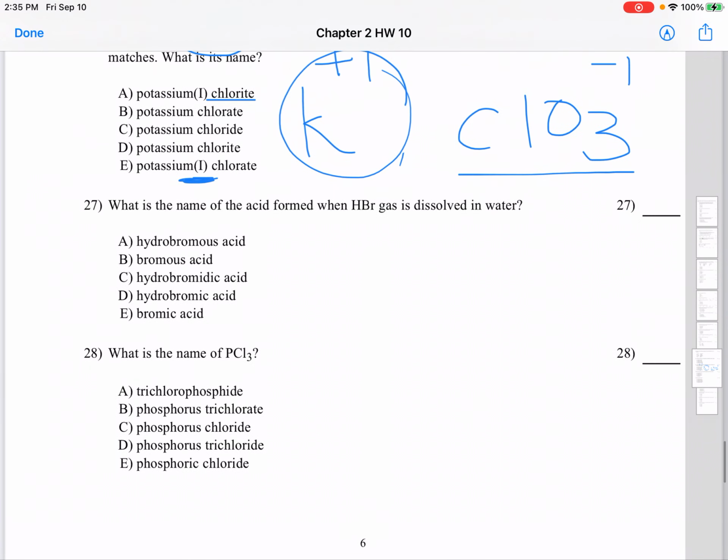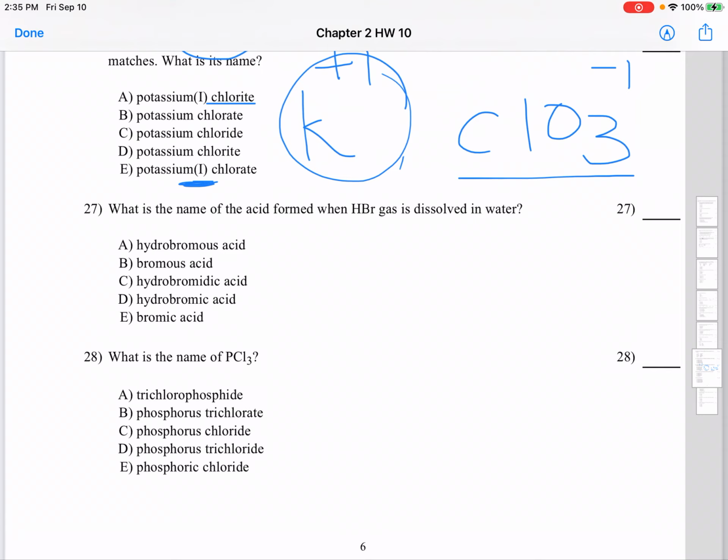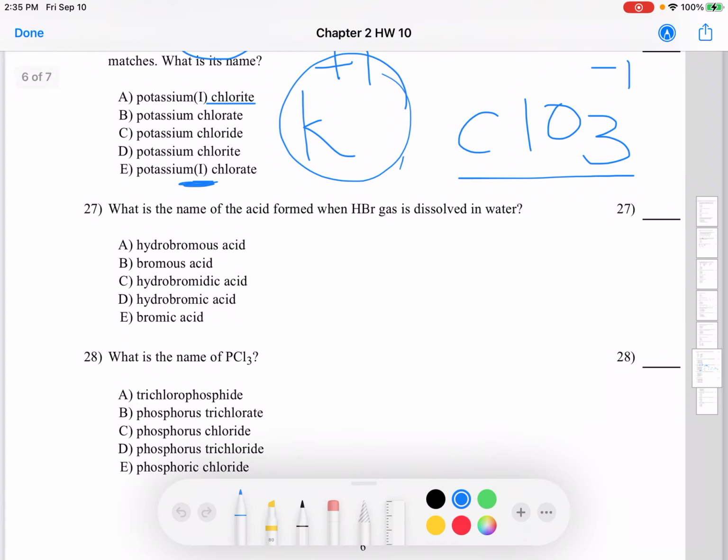And then the next one, what is the name of the acid formed when HBr gas is dissolved in water? You take hydrogen bromide. So the name of this compound by itself, HBr, is hydrogen bromide. Okay, but when it is dissolved in water, it becomes an acid. So then it would become hydrobromic acid.